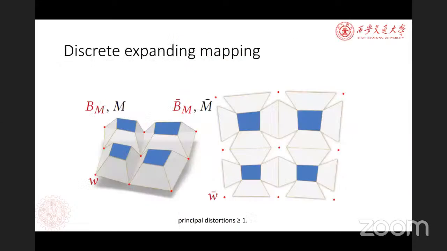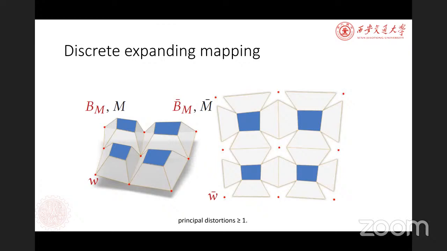So the essential part of this project is a discrete expanding mapping. This mapping is not a traditional one, such as conformal or isometric mapping. So as shown in this figure, we call the mesh connected by these red dots a base mesh. Here, the base mesh in 3D is BM, and the base mesh in 2D is BM bar. So mapping from BM to BM bar is a kind of expansion.